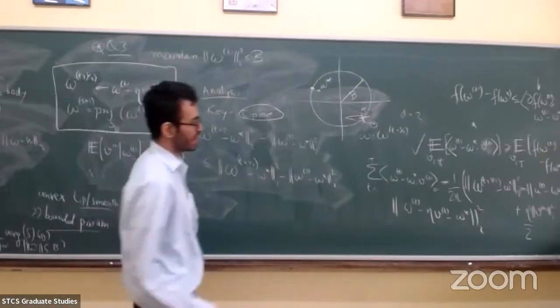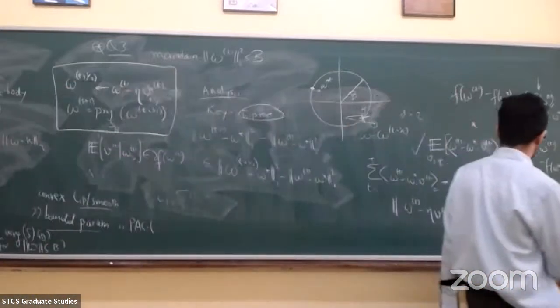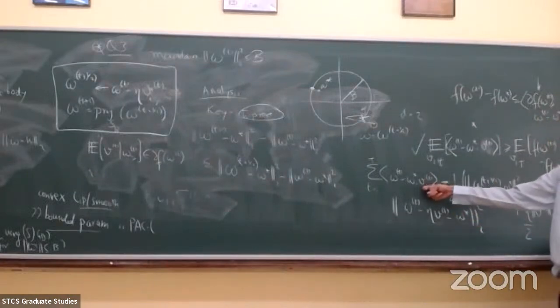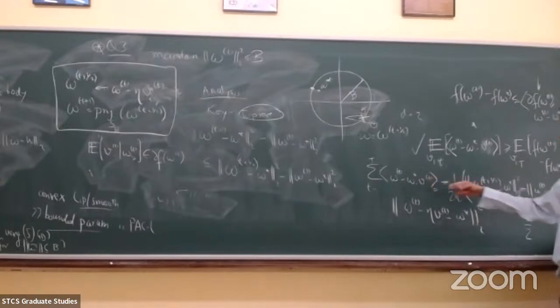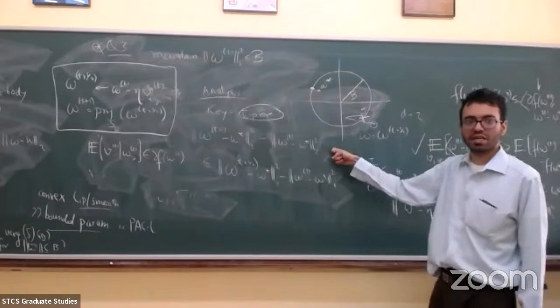Well, we just use the old analysis and we recall this equation for the inner product of WT minus W star. This was the key thing because of this inequality, which we call convexity and conditional expectation. And the only thing needed here was for these things to cancel. To get the things to cancel, I need this to be lower bounded by this.